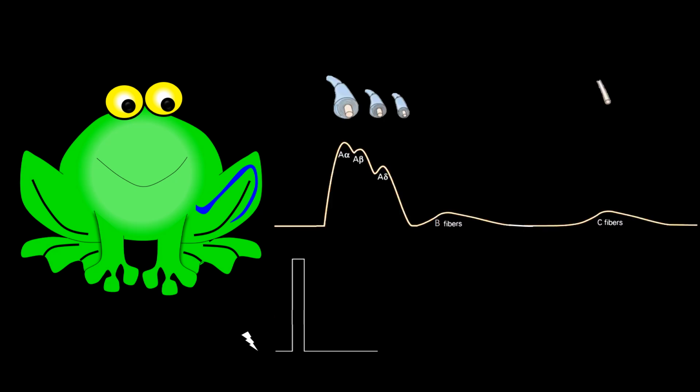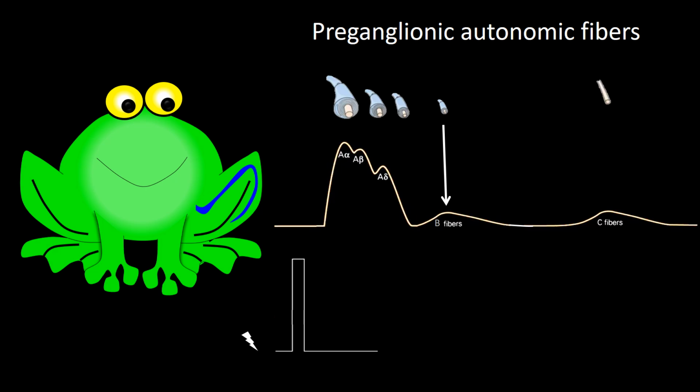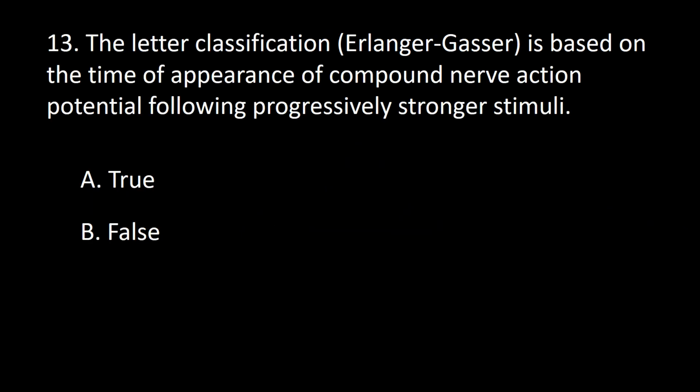Hence, using a strong stimulus, as depicted here, we would see the same wave as in human initially and an additional wave called B fibers, corresponding to the thinnest myelinated fibers present in the frog. They are the preganglionic autonomic fibers. So the answer to this question is A.